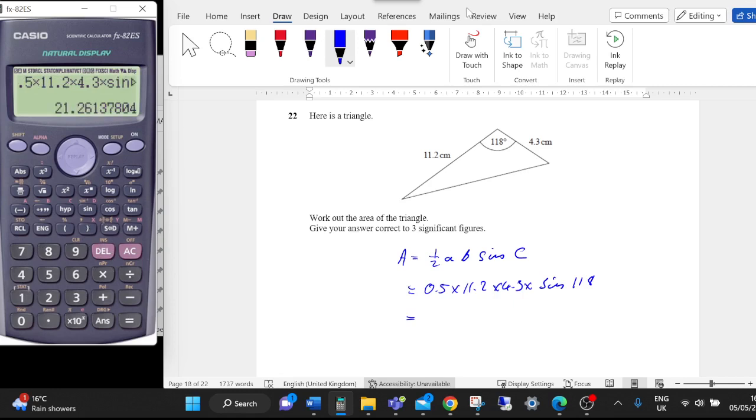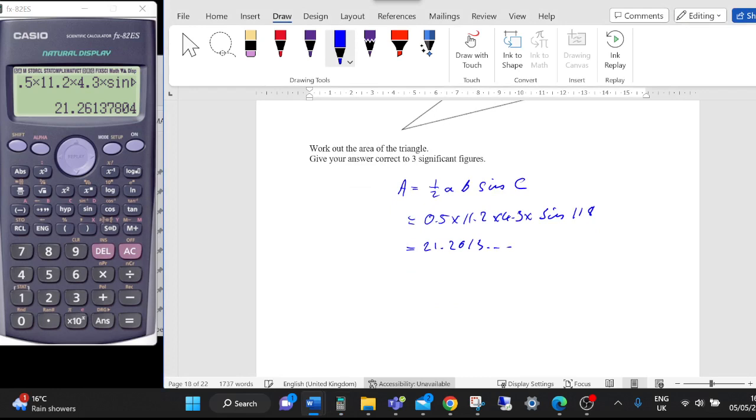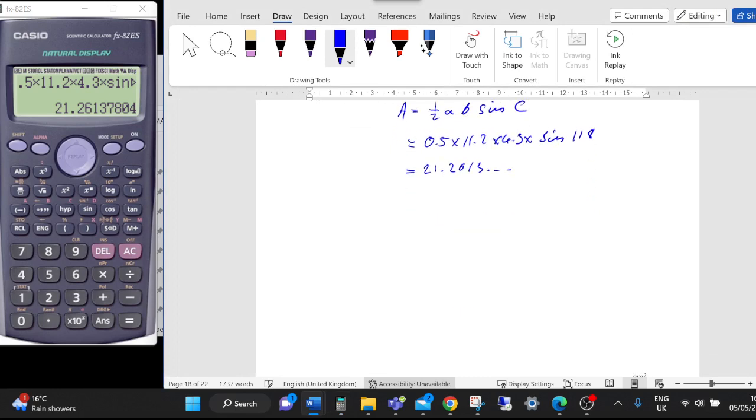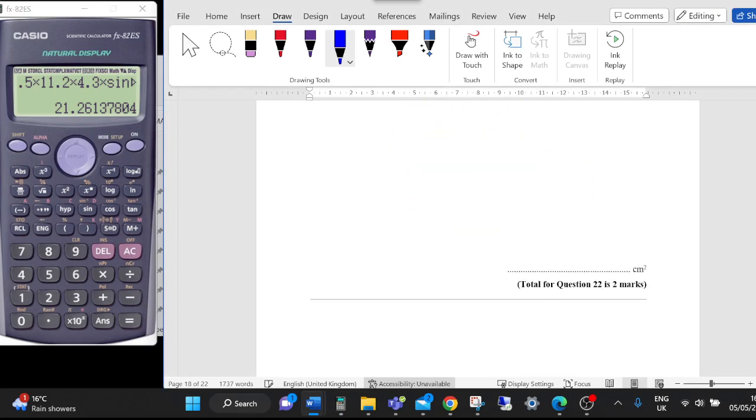So I'm looking at 21.27 if I've done that correctly. I'll just check, yeah, they agree with me. So I'm looking at 21.2613... So to 3 significant figures then we're looking at 21.3.